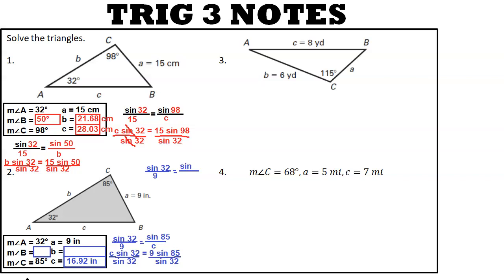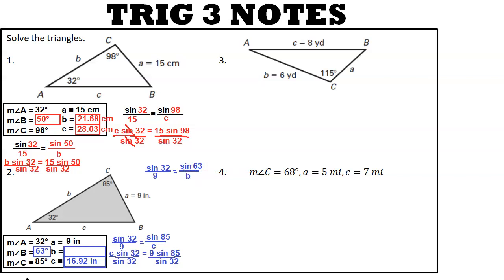So we've got angle B, which is going to be basically just whatever is left over. 32 and 85 is 117. Take that away from 180 and you find out that you had 63 degrees left. So I'm going to put 63 right here, and then I'm going to use that to solve for little b.